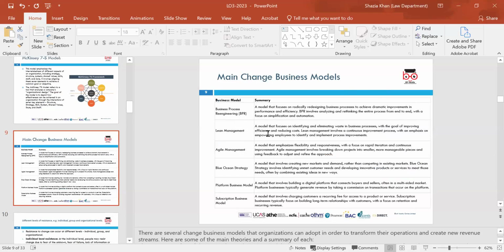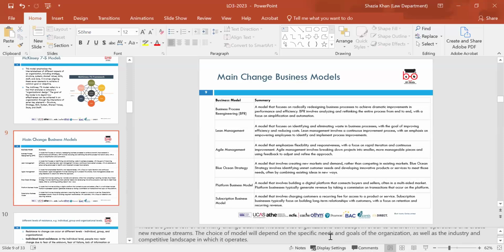Then we looked at lean management, agile management, and blue ocean strategies. So these are some of the strategies you can look at in that diagram: platform business model and subscription business model. These are several change business models that organizations adopt in order to transform their operations and create new revenue streams.